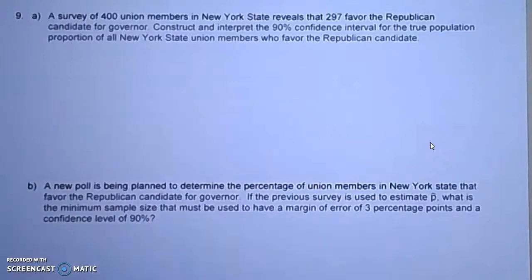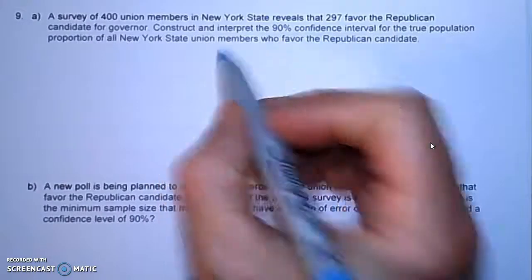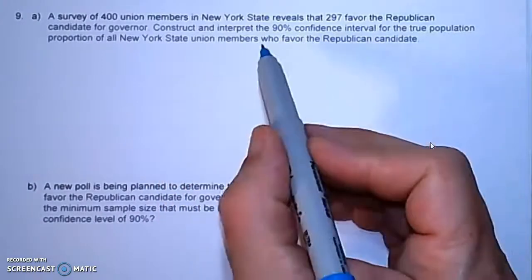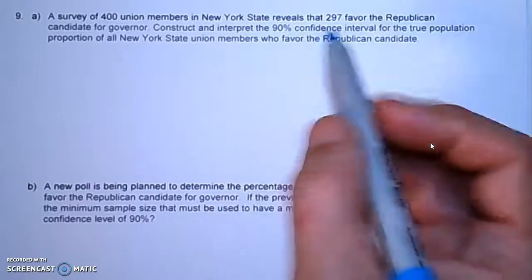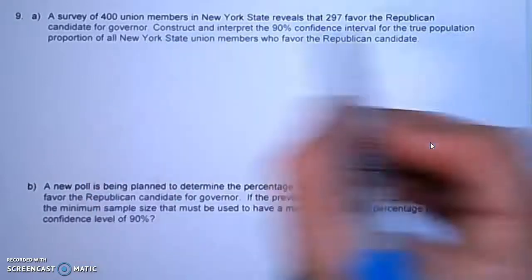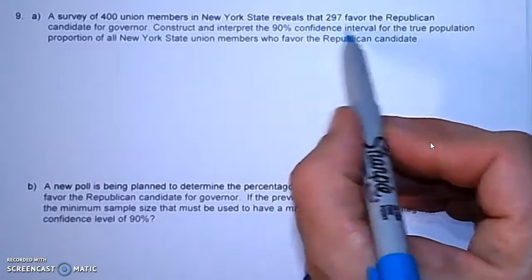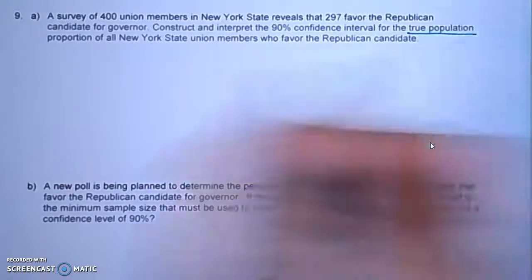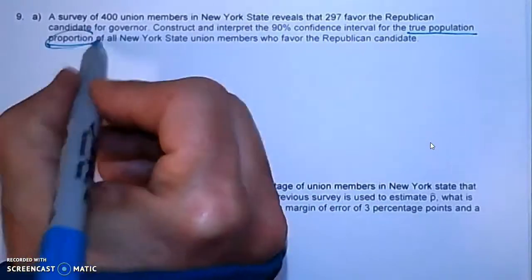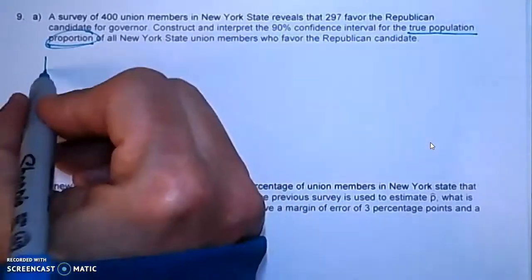Now we're going to work on finding some confidence intervals. We're going to do these with StatCrunch. The first thing you need to know when you're doing a confidence interval is which parameter you are talking about. In this one, if you read all the way through, it's asking for the confidence interval for the true population proportion. That's the key word right there, proportion.